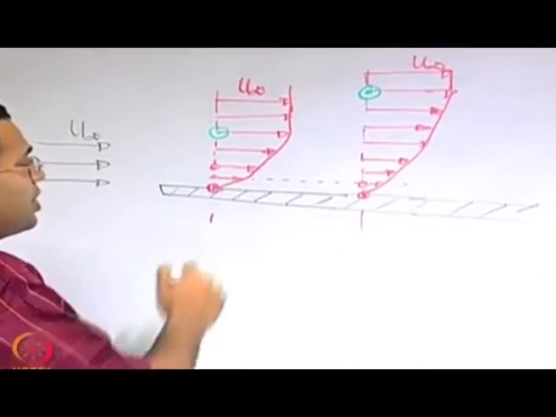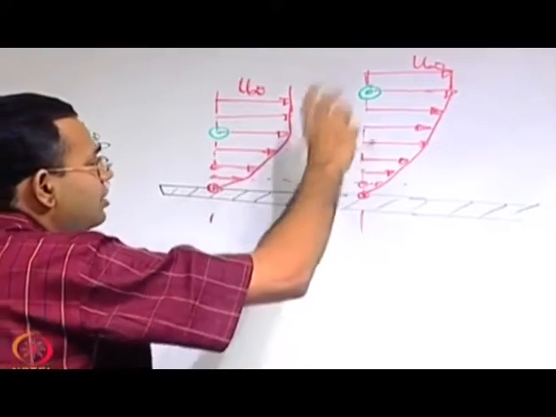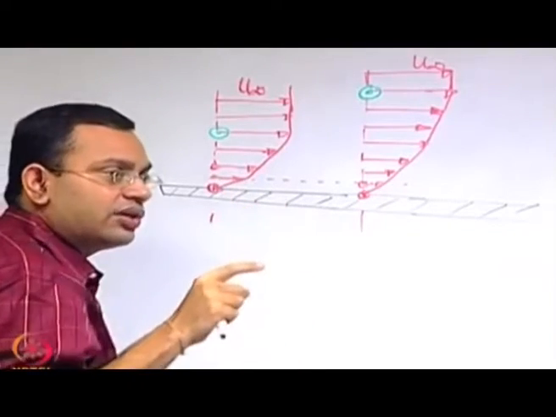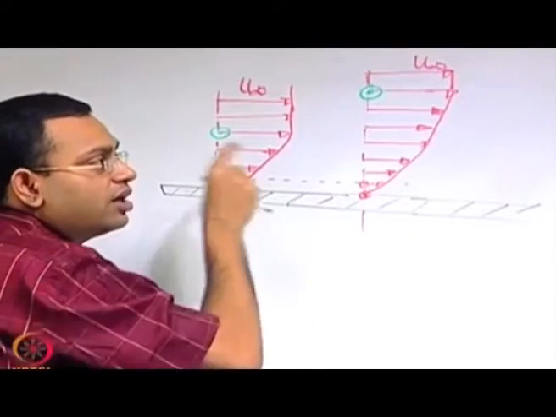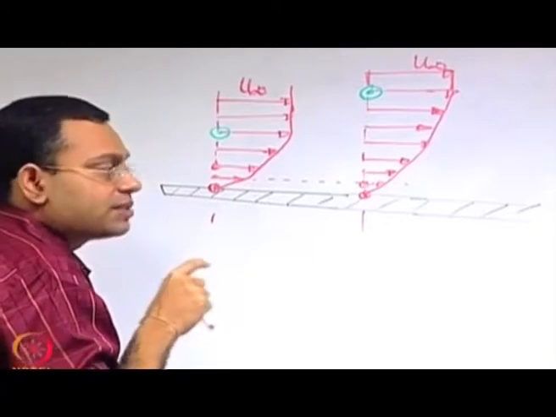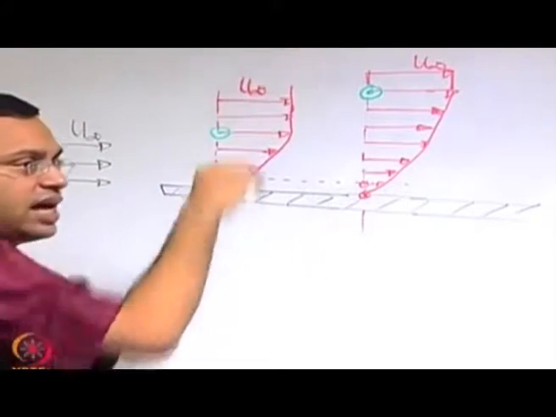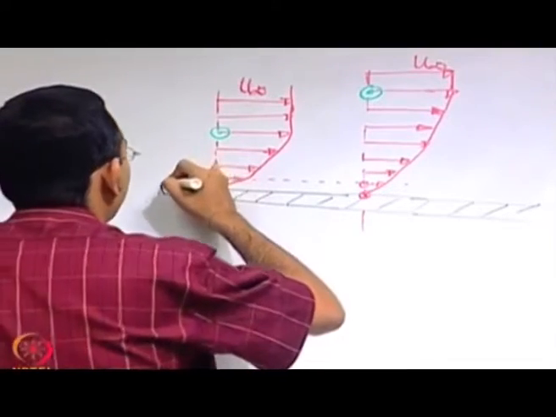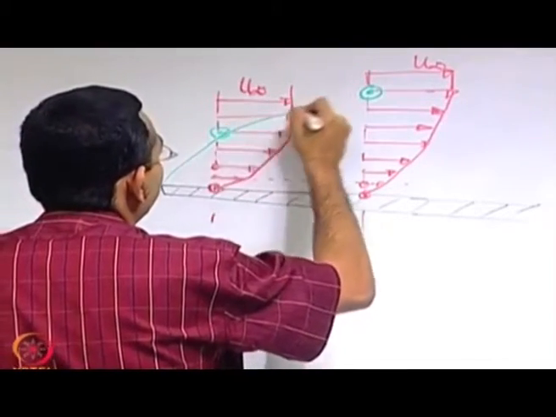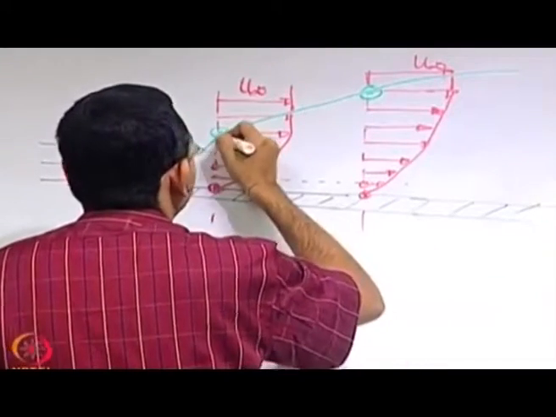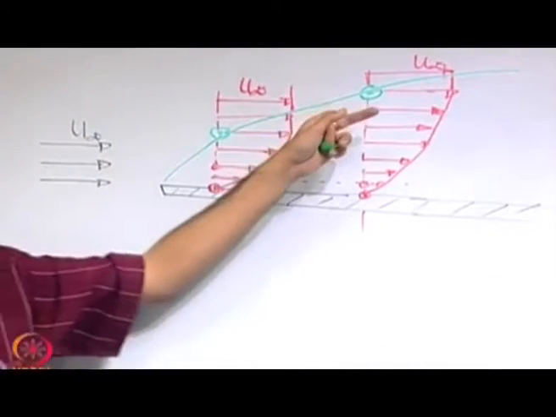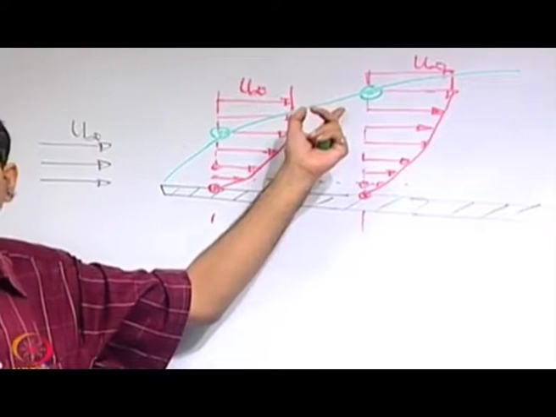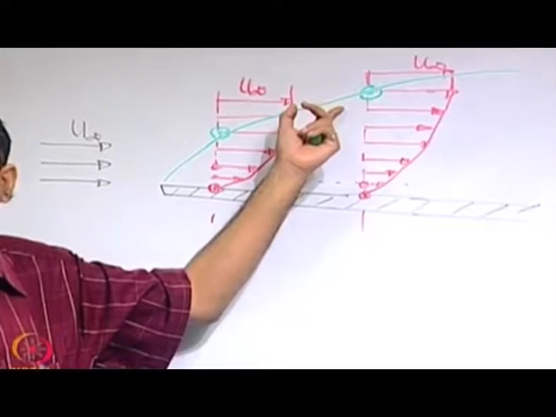Now, it is possible therefore to have a region within which the velocity profile has a strong gradient, so that the effect of the wall is felt very explicitly, and a region which as if does not understand the effect of the wall. And to demarcate that, one may just draw a locus of these marked points, because these indicate the distance from the wall up to which the viscous effects are explicitly felt.